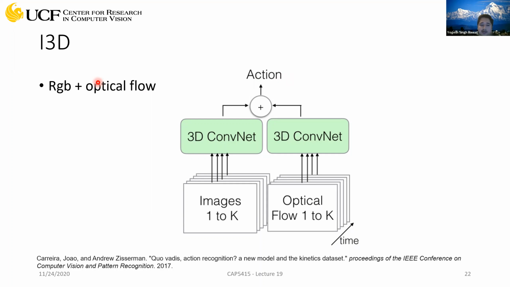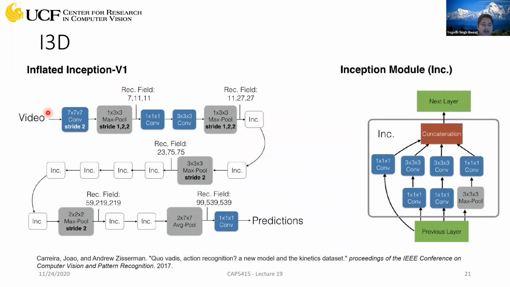And what they did is, instead of using RGB video as input to the first layer, they computed the optical flow of that video. And you know how to compute the optical flow. We discussed that in the last lecture. And instead of RGB, they used optical flow and used the same network. And it turns out the classification performance using optical flow is much better than the RGB video itself.